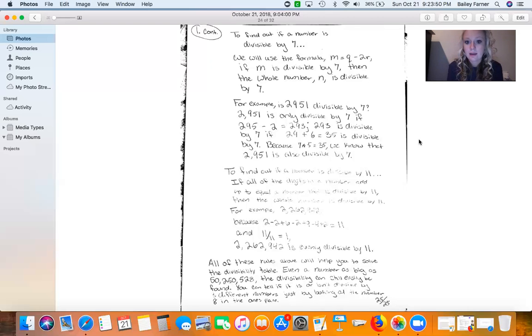And then we would be adding 6 there. And so the 6 would come from the 2r, which would be 2 times 3 is 6, is 35. And we know 35 is divisible by 7 because 7 times 5 is 35. And so because of this, we know that 2,951 is also divisible by 7.